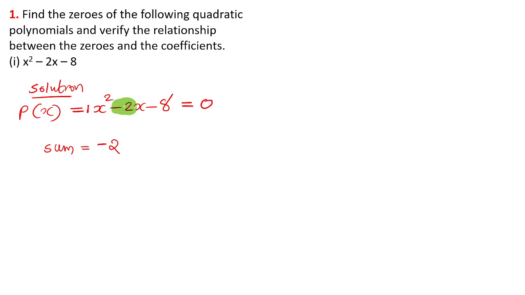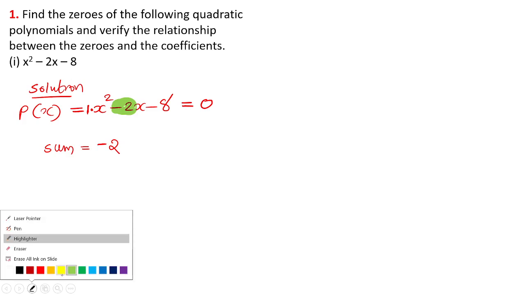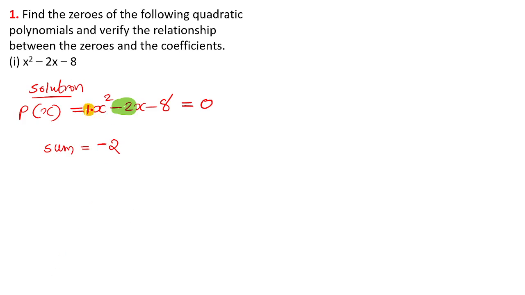Here the first coefficient is 1, correct? Then you have to consider the first coefficient and the last coefficient. I am not writing any formula here. Take their product: 1 into minus 8, which is minus 8. It should be the product.